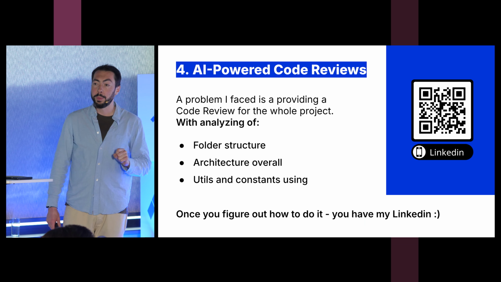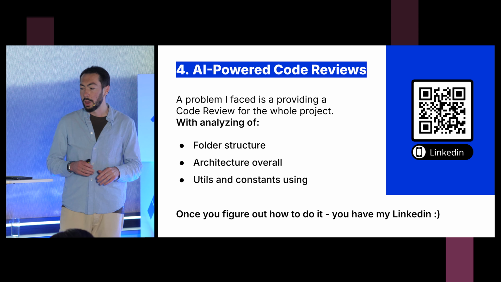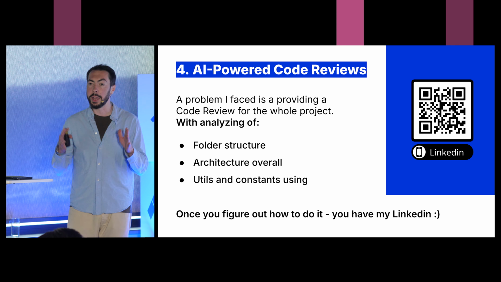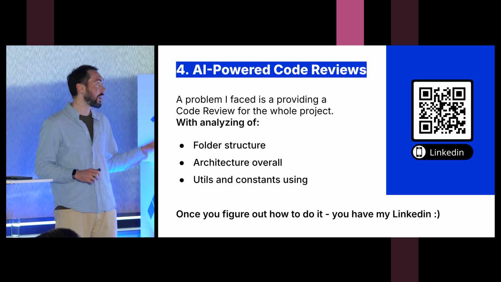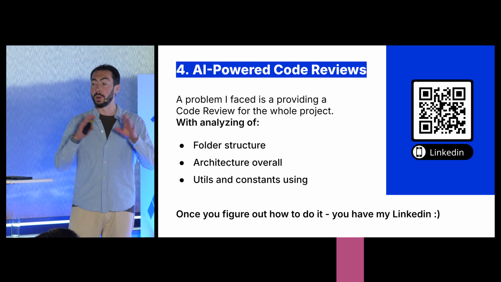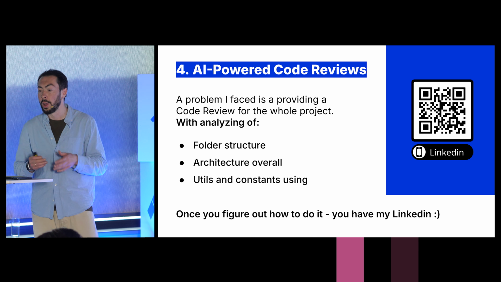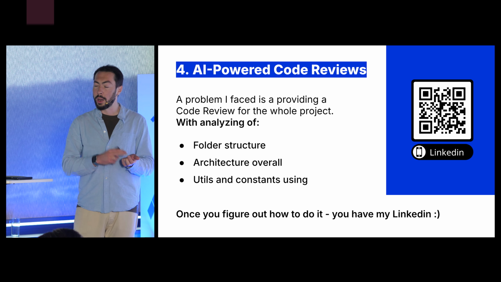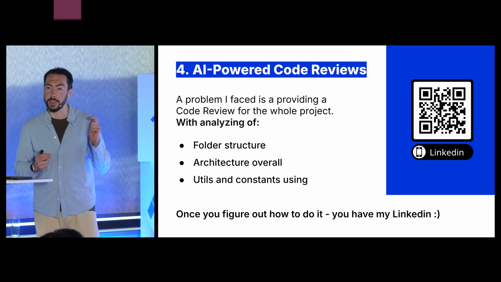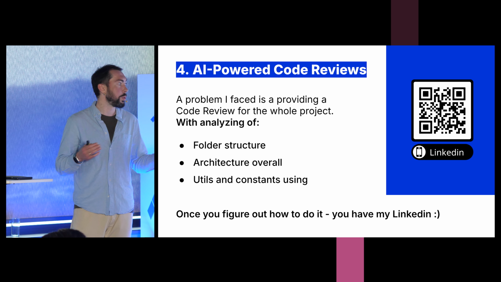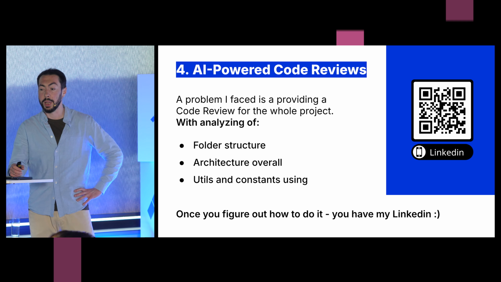And there's only one problem that I faced with this kind of code review. My AI bot, at least for now, cannot provide code review for a whole project. So it cannot understand and review the architecture overall, how I manage folders, how I manage utils and constants, whether I use them in an understandable and scalable way or not, and so on.